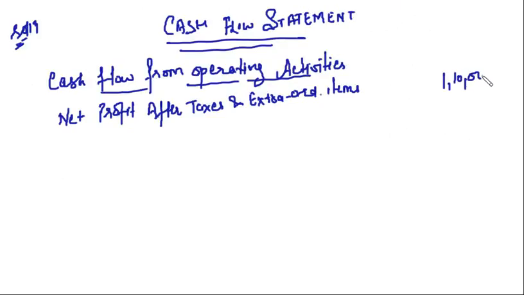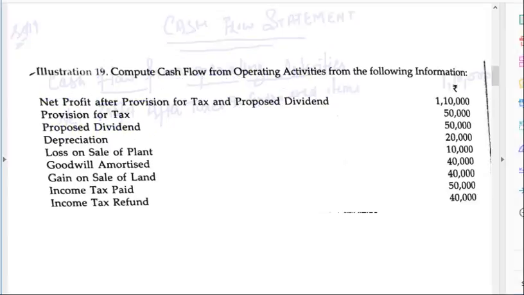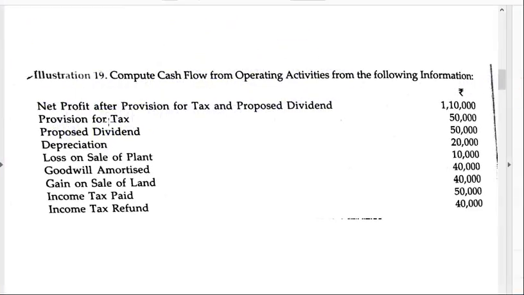Now see the items which are related to the net profit, because here we are clearly given the net profits after taxes. Provision for taxation belongs to the current year, 50,000. It is just a provision, it does not involve the actual cash outflow. So we will add back the provision for taxation. Similarly, proposed dividend. Dividend has been proposed and it is not yet paid.